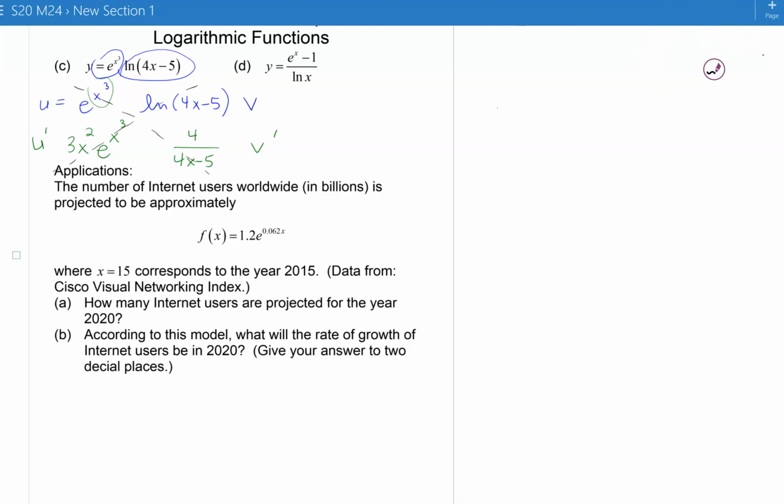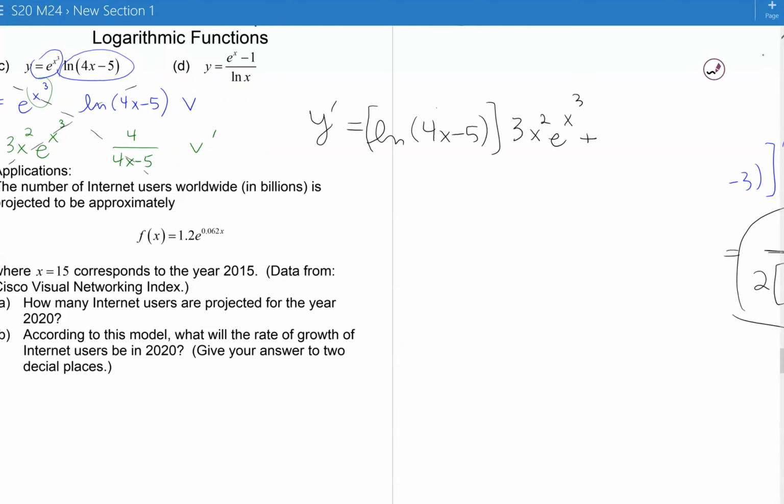And we're going to have that y prime equals the ln of 4x minus 5 times 3x squared e to the x cubed plus e to the x cubed times 4 over 4x minus 5.